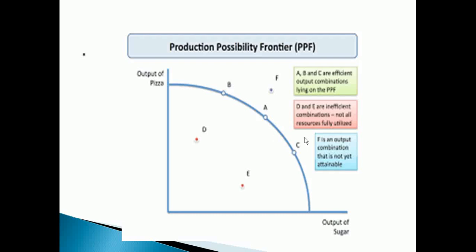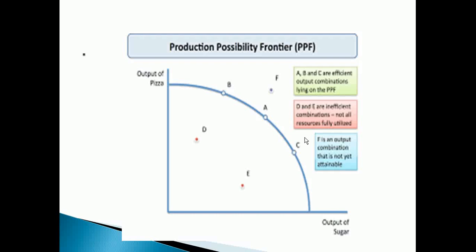If you trace the curve from D to E to the two axes, the values will be lower or decreased compared with the production possibility curve, which is proof that there are resources that have not been fully utilized. Of course, the effect of this will be a reduction in the production of both outputs.